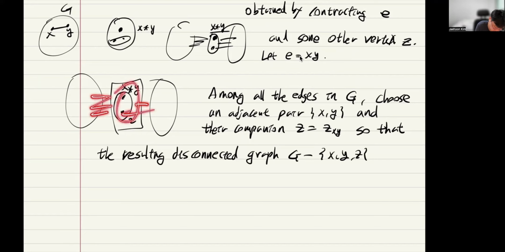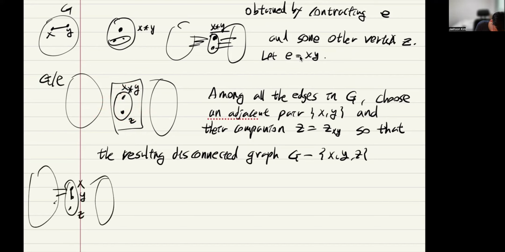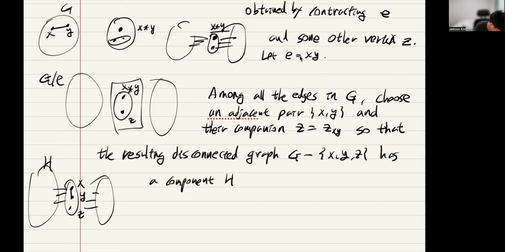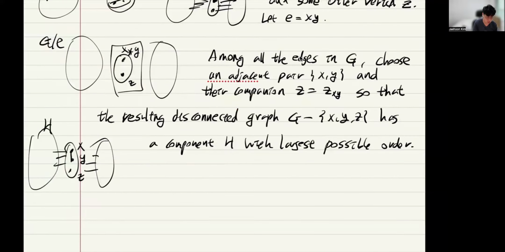So this disconnects the graph G contracting e, which means that in G you have x, y, z, and this also disconnects the graph. This has a component H with the largest possible order, meaning that for each choice of x, y, you find this companion z and then delete it, then you get these components.